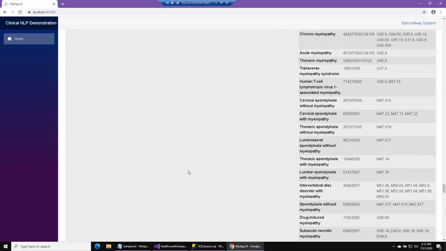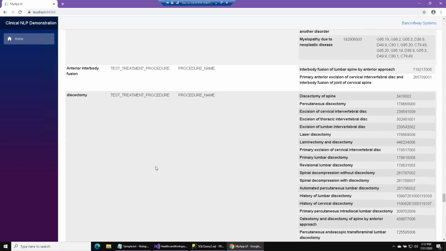Similarly, we keep going. Now we come down to the procedures. When the NLP system sees a procedure being mentioned, it can classify it as a procedure, and we suggest SNOMED codes. In this case, we can also suggest CPT codes.